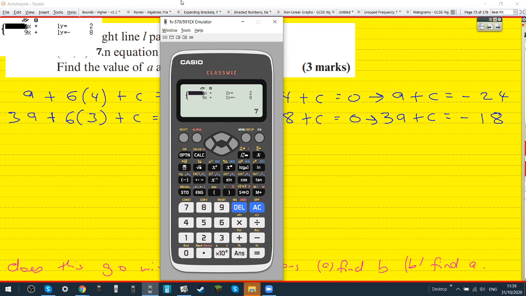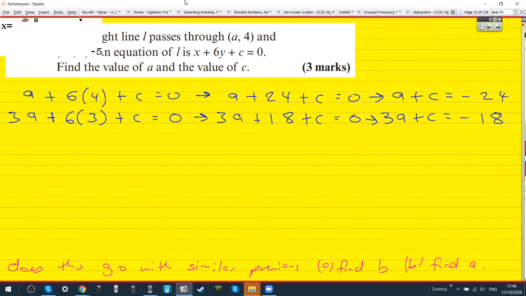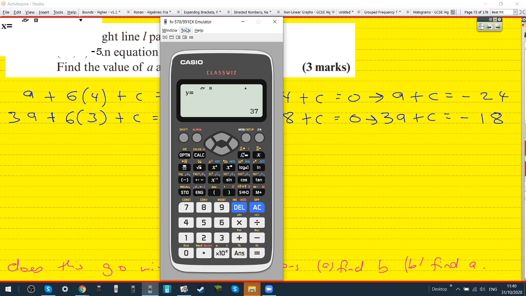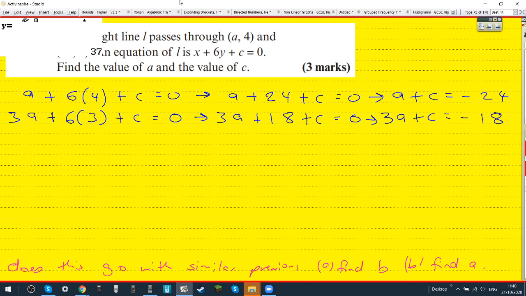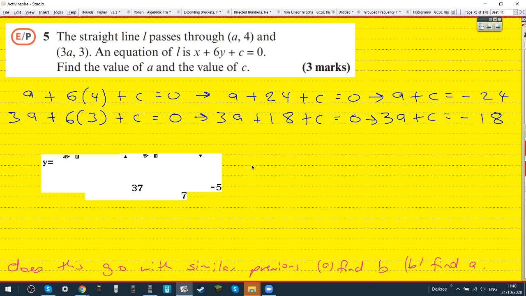And then for 3a, would you write it out as 3 brackets 1? It's just like 3x. You just do 3. Okay. And then plus 1 equals minus 18. And x equals 3, y equals minus 27.